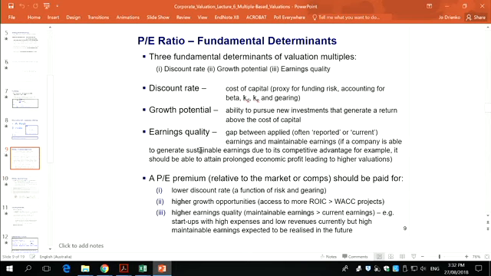If a company is able to generate sustainable earnings due to a competitive advantage, for example, a good management team, whatever the reason is, it should be able to maintain prolonged economic profit leading to higher valuation. So a company that has a bigger gap where maintainable is above reported will have a higher PE ratio. You as an investor will have to pay more for those earnings.